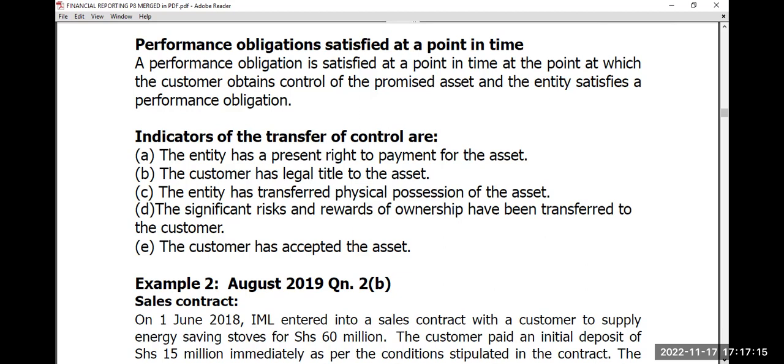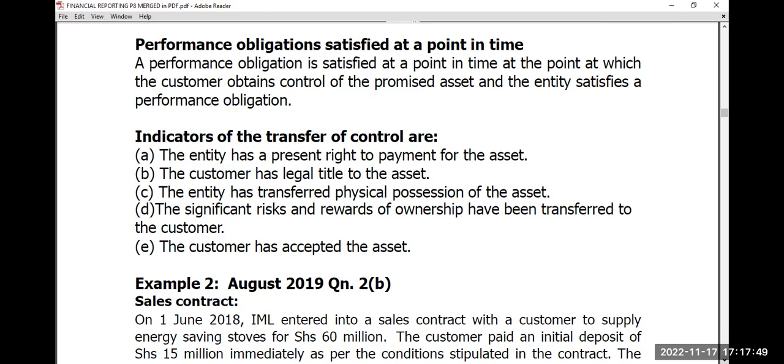At the point when you have transferred the item, say the person bought a car from abroad, and the car is supposed to be imported and delivered or transported to the buyer's place. By the time it reaches the buyer's place, then we can now say that we've actually satisfied the obligation.